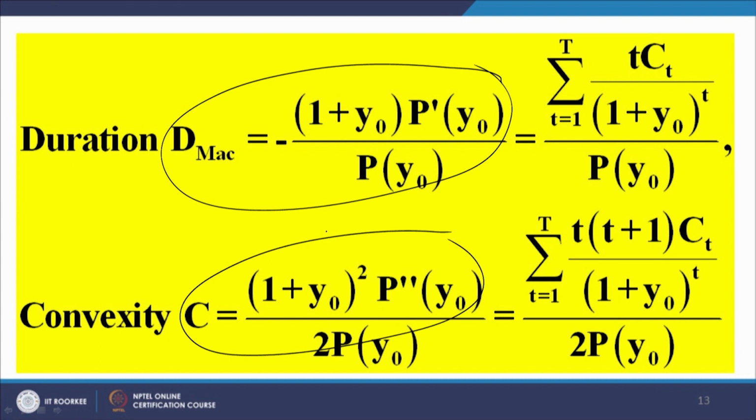And what do we call this Dmac and C? Dmac is called the Macaulay's duration and C is called the convexity of the bond.